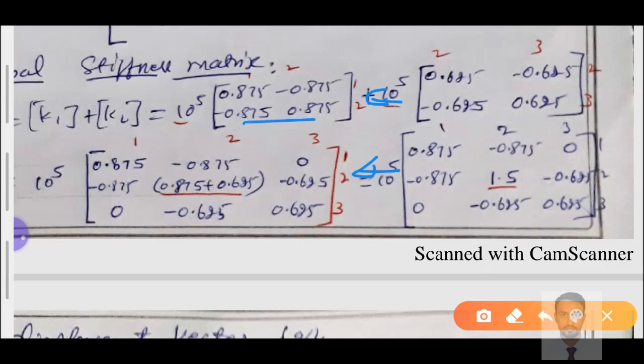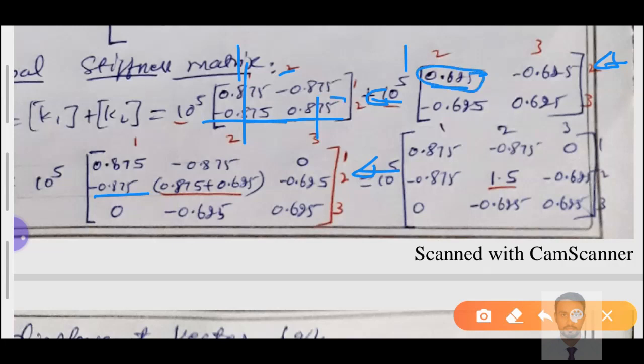Second row, I'll find in the first matrix, and in the second matrix also we have the second row. Second row, first column, we see here this is the value, minus 0.875. Second row, second column, we have 0.875 here, but in the second matrix we have 0.625 as well, so we have 2 values.